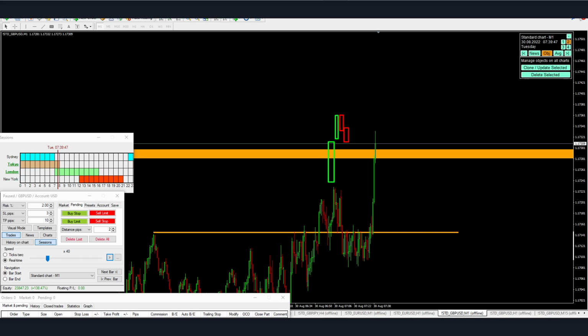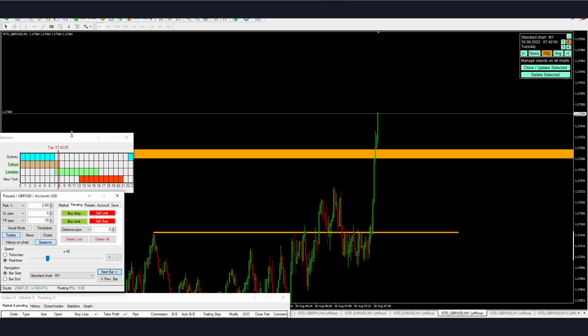But if I see this price action after this, then I can take advantage of this possible sell limit, buy limit activation for a possible bullish continuation.